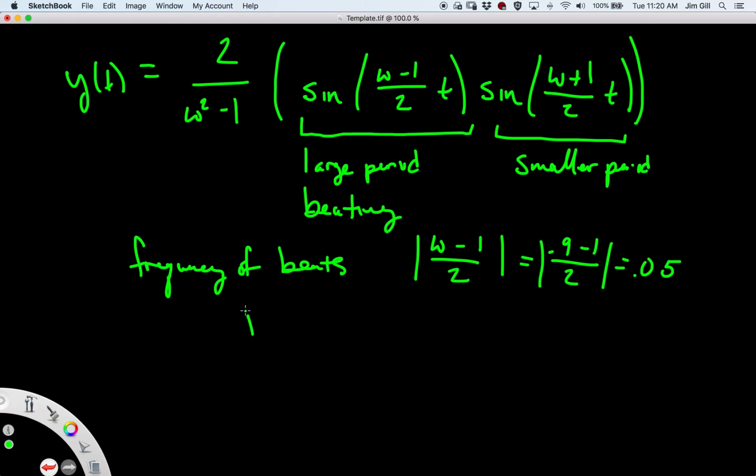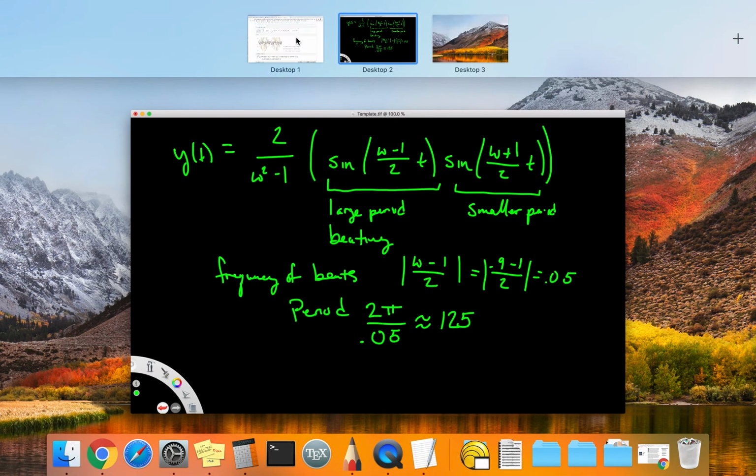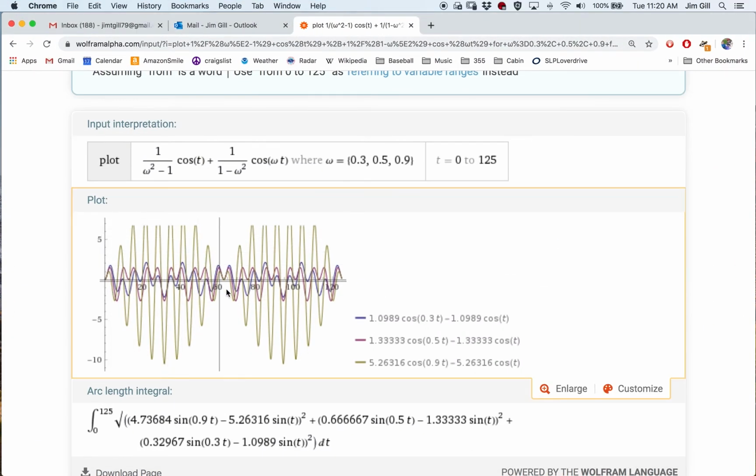And then the period, the amount of time it'll take for a full cycle of the beat, is 2 pi over 0.05, which is approximately 125. And that is what we see here in this picture. It takes us to 125 to get through a cycle of the beats.